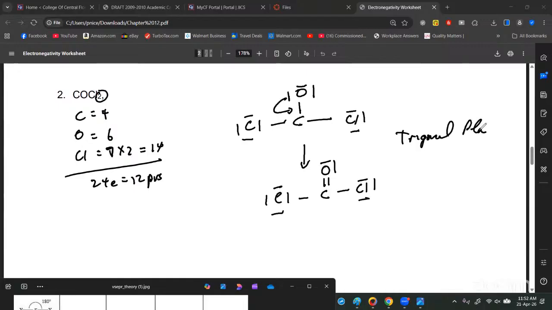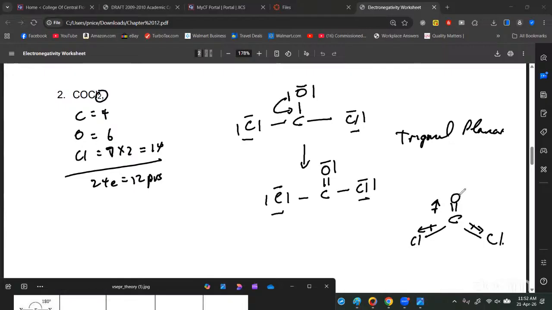All right. And then the next question is, is this molecule polar? Well, let's draw the trigonal planar shape for this here. It's going to be this. C double bond O. And then you have chlorine here and chlorine here, right? Now, you're going to have a dipole acting in this direction here. You're going to have one acting in that direction and one acting in that direction, right?